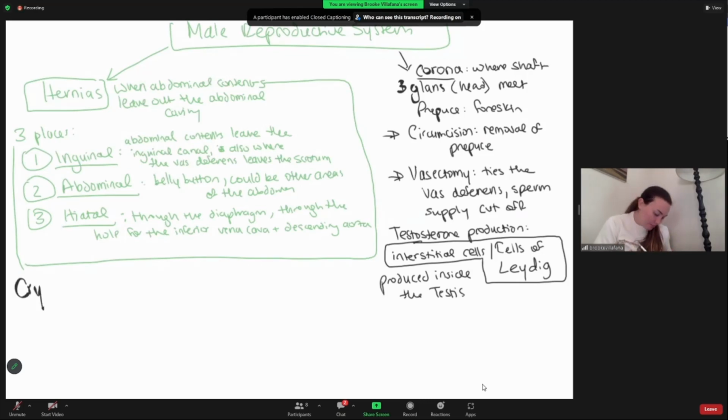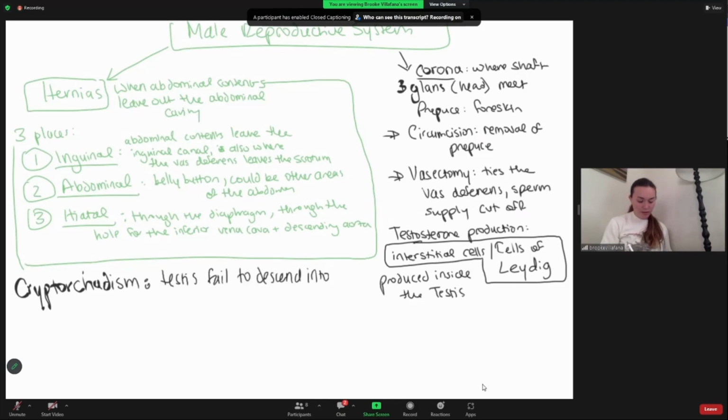Cryptorchidism is when the testes fail to descend into the scrotum and remain in the abdominal cavity.